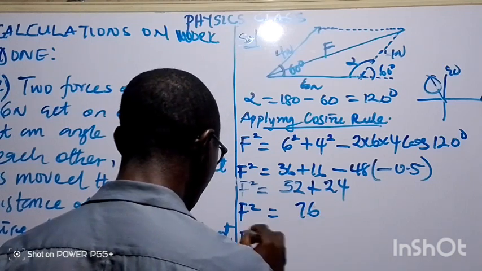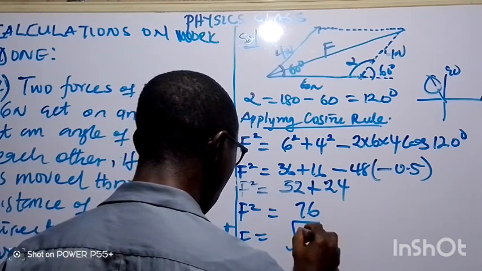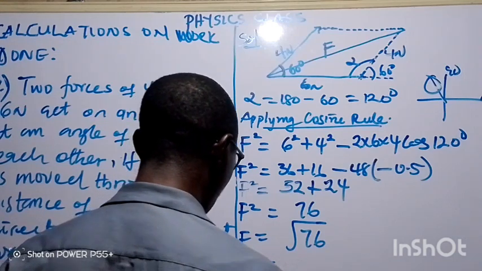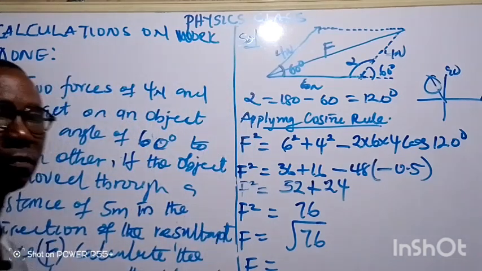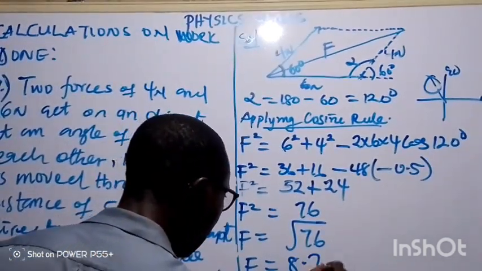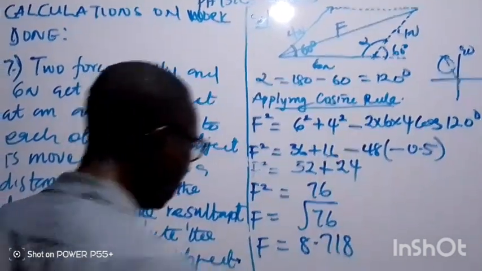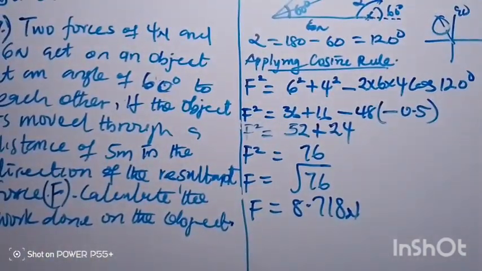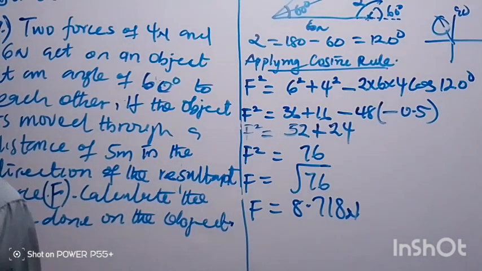So F will be equal to the square root of 76. Then F will finally give us 8.718 Newton.